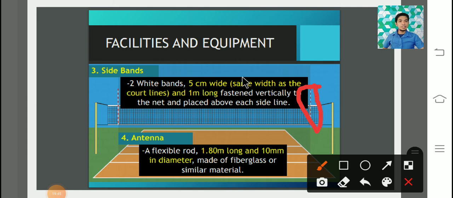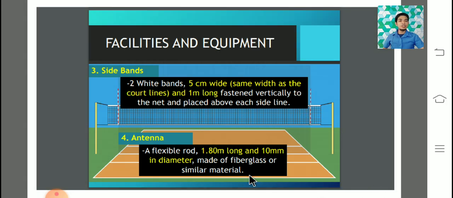Yan. Ilang antenna meron tayo? We have 2 antennas in the nets. So the size of this antenna, yung haba niya ay 1.80 meters. And then the diameter, yung bilog is 10 millimeter. Made of fiberglass or similar materials. Pwede bang kawayan lang? O, hindi pwede. Sabi dito, fiberglass, yung matitigas na bagay or yung mga similar materials. Alright?